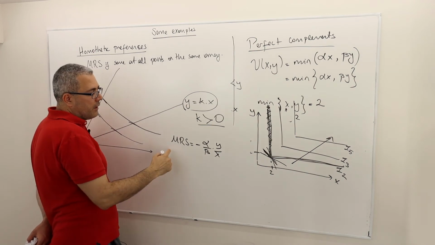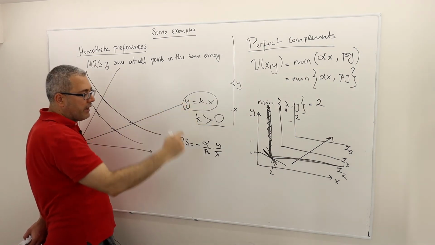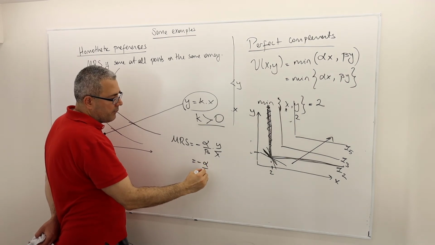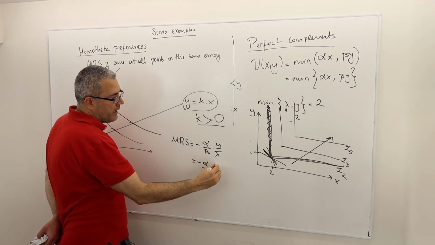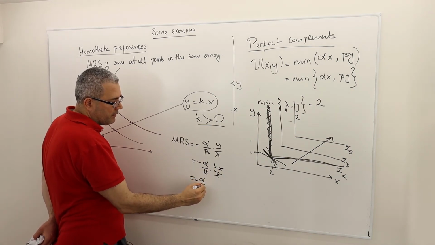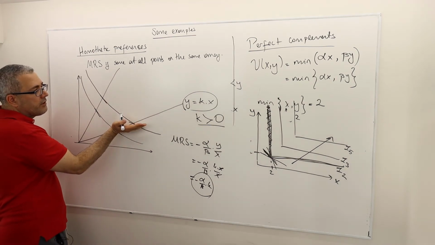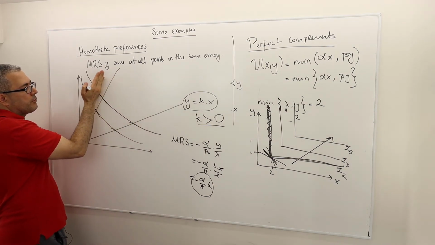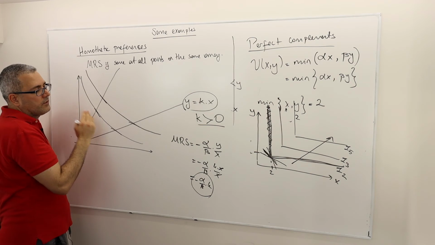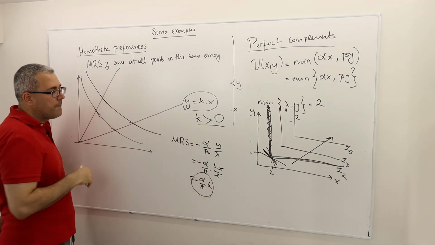So therefore, the marginal rate of substitution on an array is nothing but alpha over beta times kx divided by x. So the x's will cancel. So it's alpha divided by beta times k. All right. So if you increase k, you're going to get a steeper straight line. And so the marginal rate of substitution, the absolute value, is going to increase. All right.